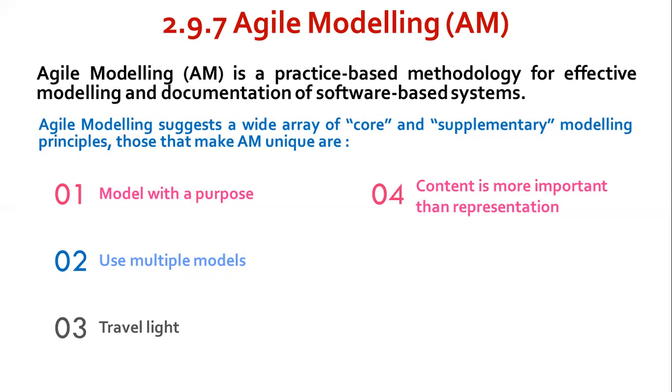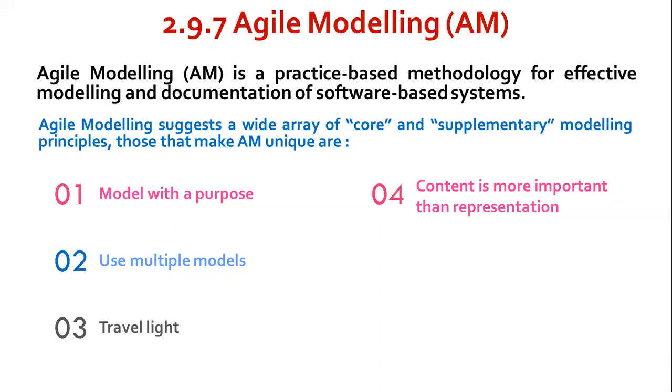Modeling should impart information to its intended audience. A syntactically perfect model that imparts little useful content is not as valuable as a model with flawed notation that nevertheless provides valuable content for its audience.